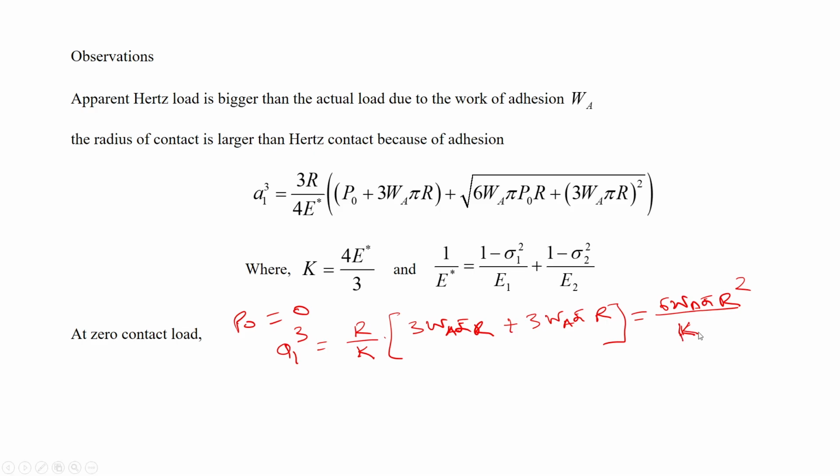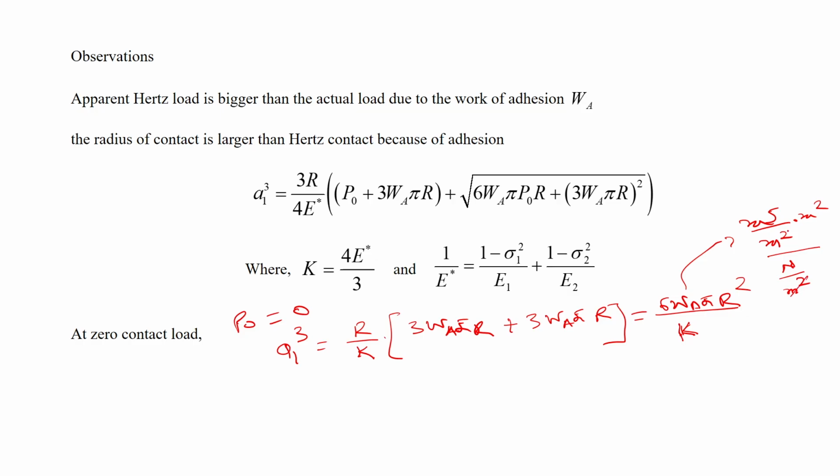So, let us check whether the units are fine or not. W_A has the unit of millijoule per meter square, R has the unit of meter, and here K has the unit of Newton per meter square. So, therefore, joule is Newton meter.